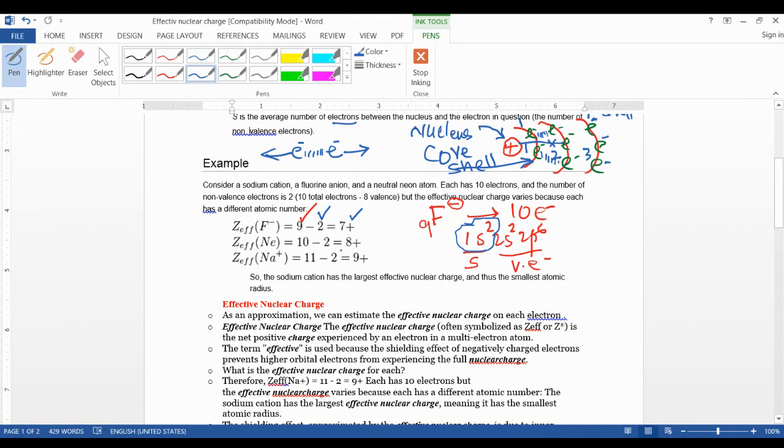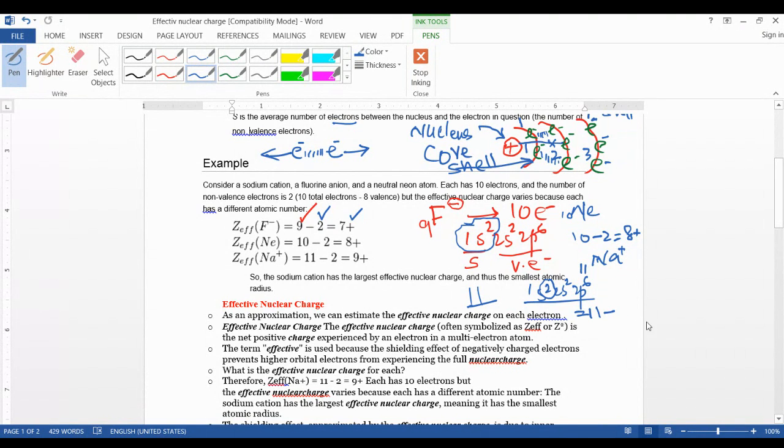Look at neon, which is 10. You write the atomic number 10 minus 2, so you will get 8 plus. Sodium cation, Na plus, has atomic number 11. When you write the configuration, it is 1s2, 2s2, 2p6, with 1 electron lost from 11 to 10. For Z effective, the atomic number is 11, the original real number, minus the core electrons, which is still 2.